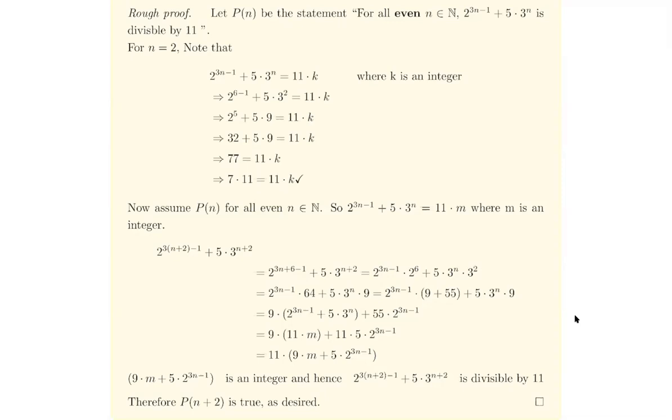Okay, I see everyone said 2. That's not right. 2 is not right.